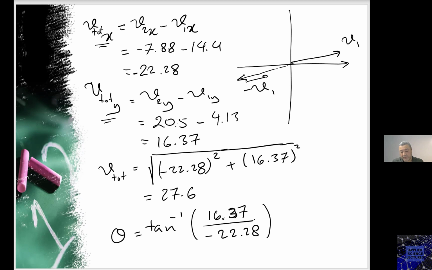So this is minus V1. Where is V2? This is V2. So where is the angle? Based on my calculation, I have the y being positive and the x being negative. So this is the angle. Make sense?